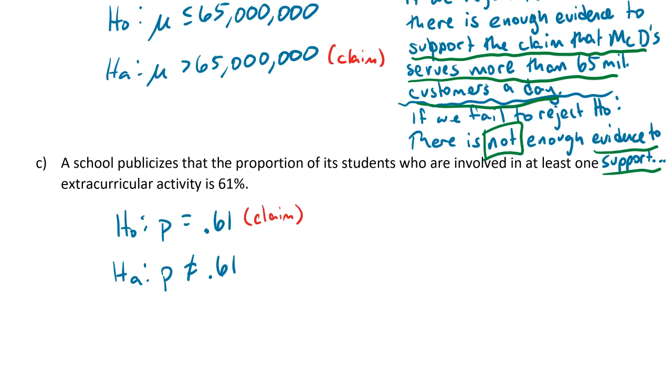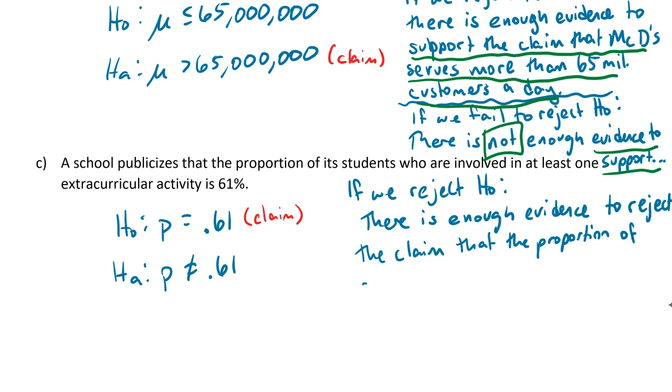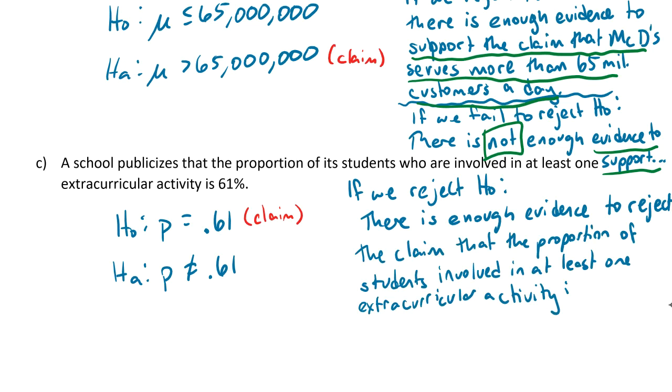For this one, again, the null hypothesis is the claim, so it's going to be very similar to A. So if we reject the null hypothesis, then we say there is enough evidence to reject the claim that the proportion of students involved in at least one extracurricular activity is 61%.